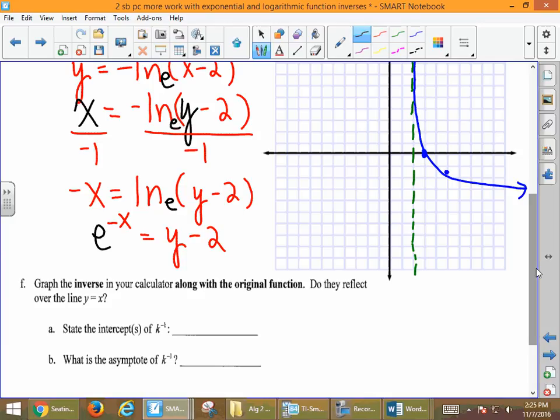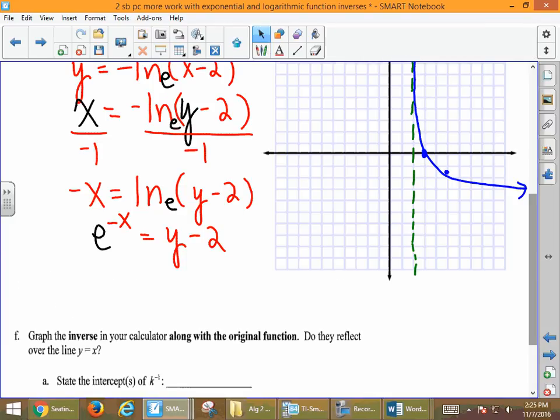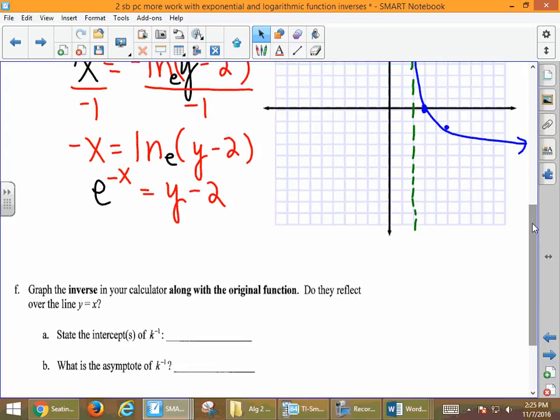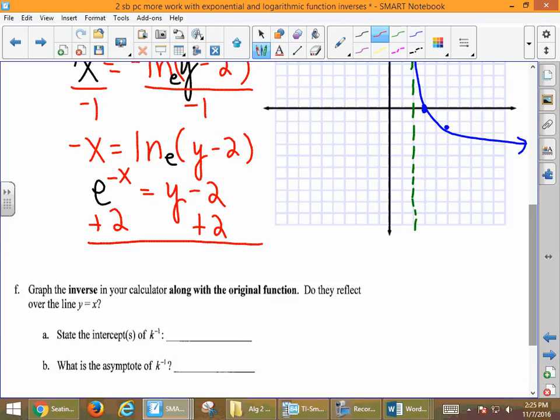And if we can get it in that format, then we can finish the problem. Because remember, what we're trying to do for our inverse is we want to solve for y. So we're going to add 2 to both sides. And we get e to the negative x plus 2 equals y, which is our inverse.